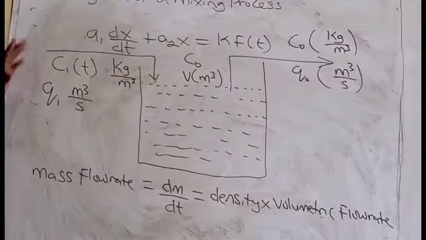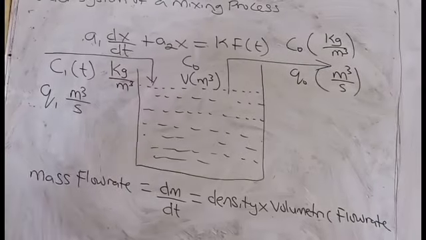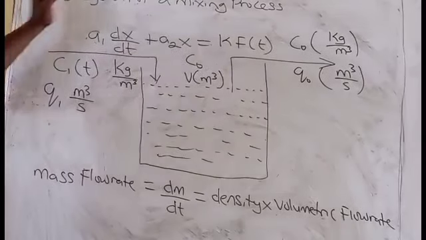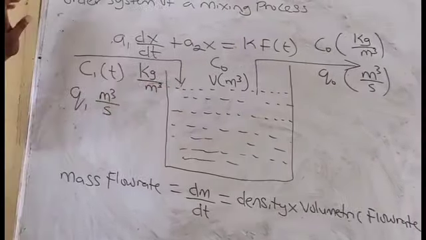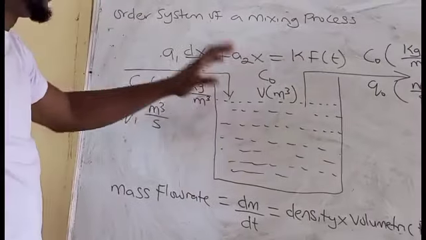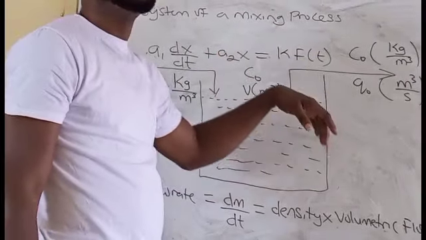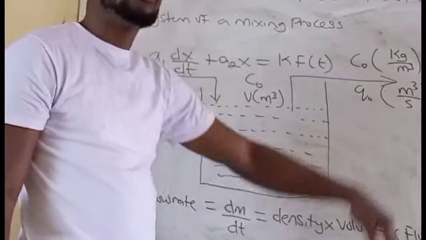So first of all, we need to calculate the mass flow rate of the input source, and then we also need to calculate the mass flow rate of the output source.